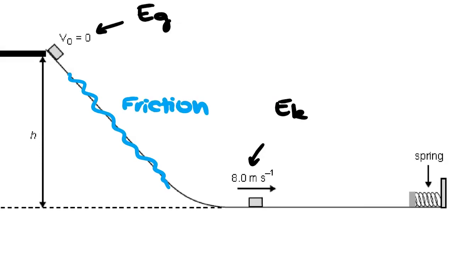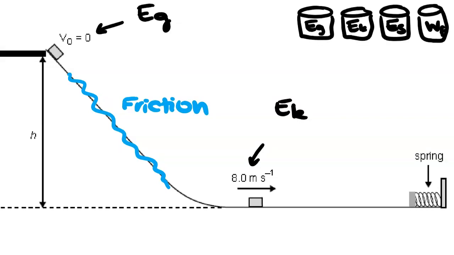So that means some of that energy, again imagining those 4 cups, that gravitational potential energy has been partly poured into the kinetic energy cup, and partly some of that energy has had to be used in work done against friction. So when we consider the total energy, it's going to be equal to whatever the gravitational potential energy is at the top.